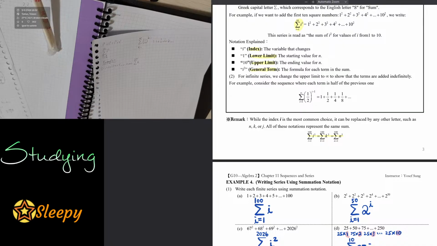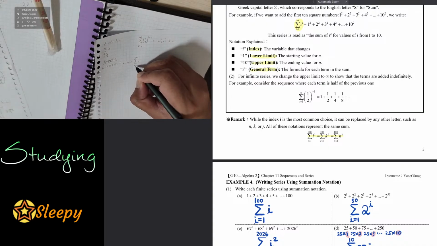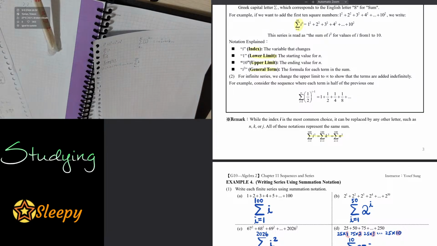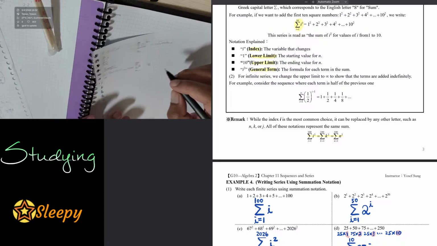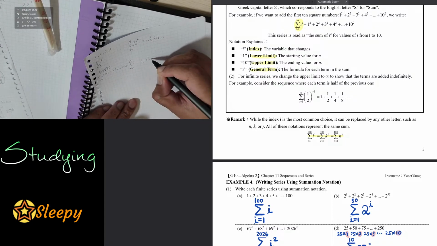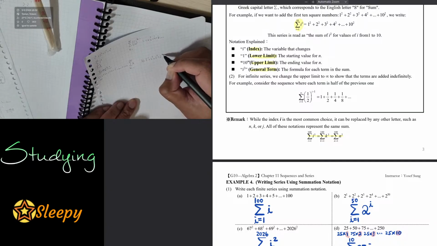And then below there's k is 1. Then b is 2 to the power 1 plus 2 to the power 2 plus 2 to the power 3 plus 2 to the power 4 plus up to 2 to the power 50.